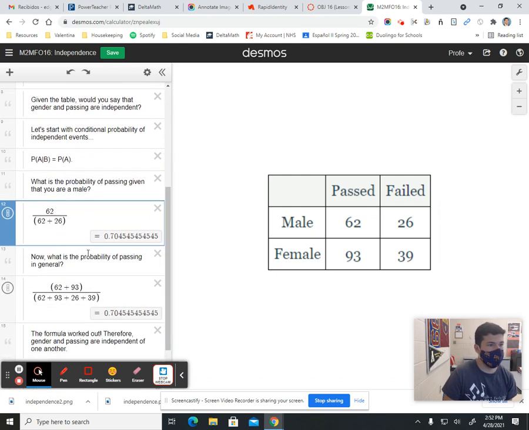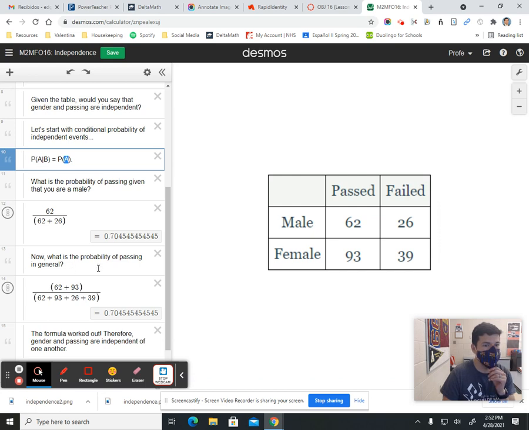Now, I'm going to compare that to the probability of A, which is the probability of passing in general. So how many people pass? 62 plus 93, that is 155. 155 out of the sum of all of these numbers, right? That's how many people passed.